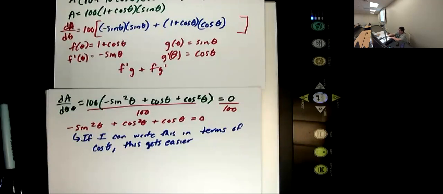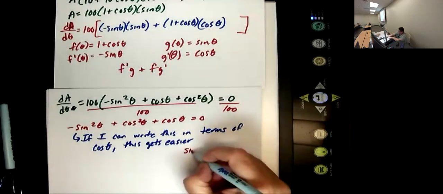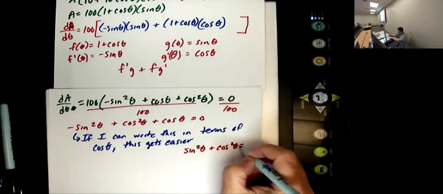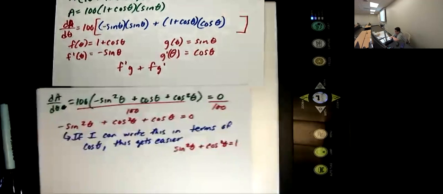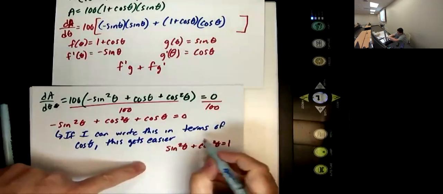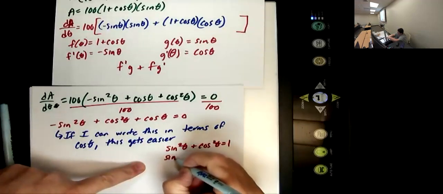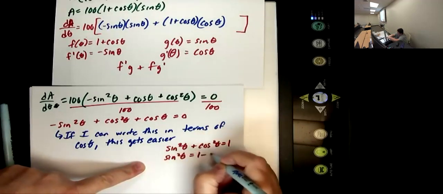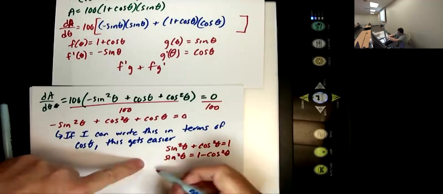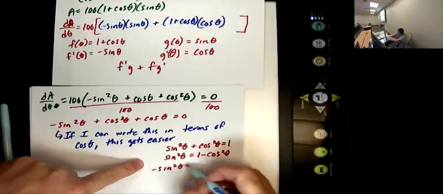Sine squared plus cosine squared. Yep. So if I want to get sine squared by itself, I'll just subtract cosine squared. And if I want negative sine squared theta, I just change the signs.